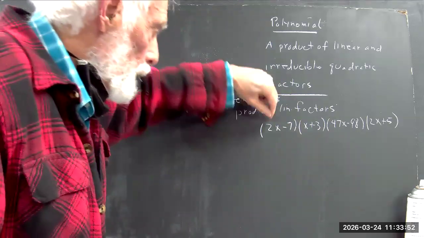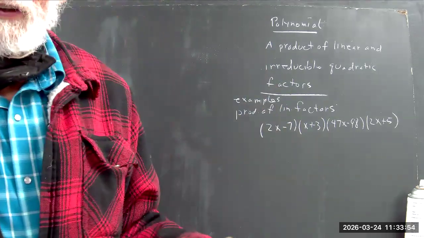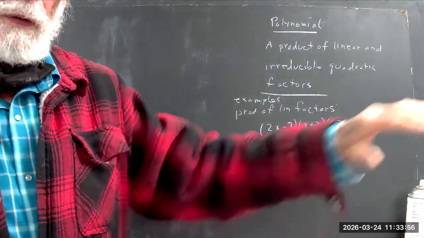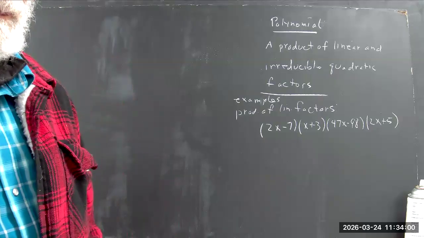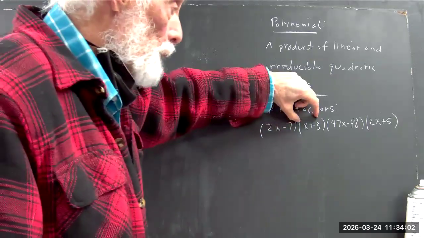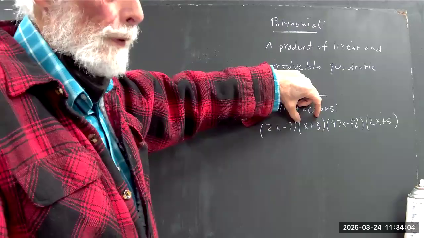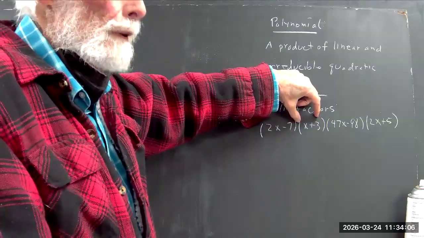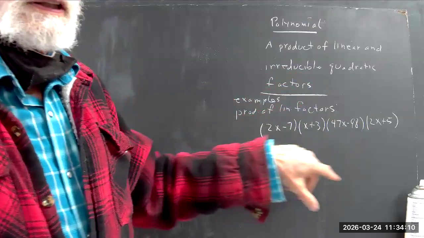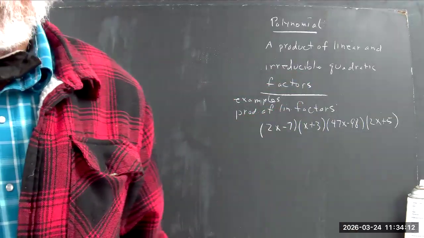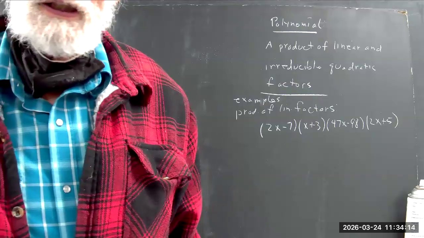If I did y equals 2x minus 7 by itself, it would give me a straight line graph with a slope of 2 and a y-intercept of negative 7. Okay, if I did y equals x plus 3, it would give me a graph with a y-intercept of (0, 3) and a slope of 1, and so forth. Each of these could by itself be a linear function with a straight line graph.